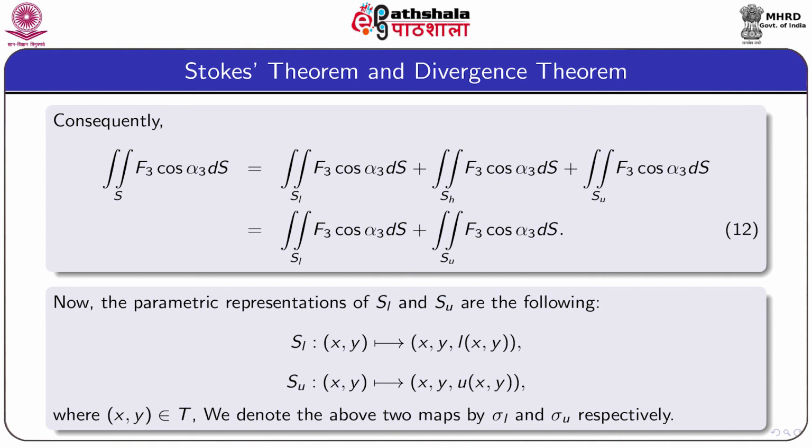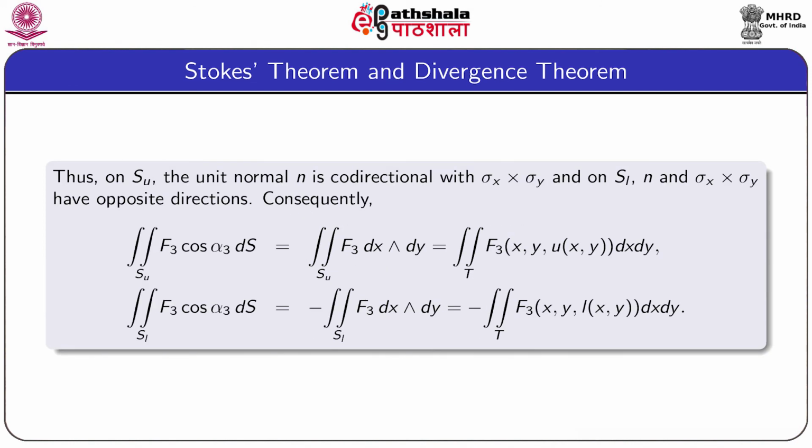Now, the parametric representations of S_L and S_U are the following. S_L is given by (x, y) goes to (x, y, l(x, y)) and S_U is given by (x, y) goes to (x, y, u(x, y)), where (x, y) is from T. We denote the above two maps by σ_L and σ_U respectively.